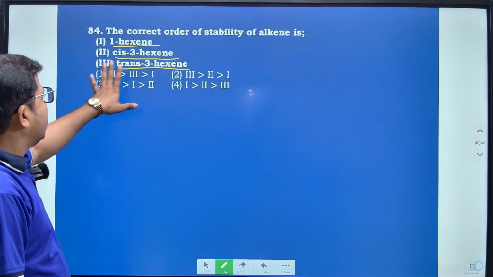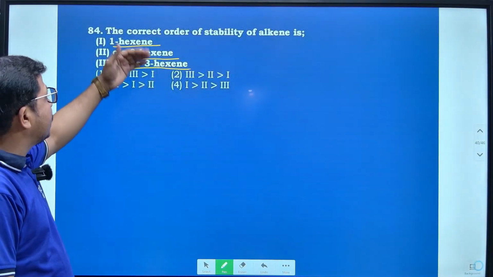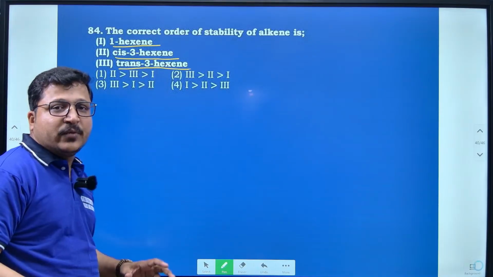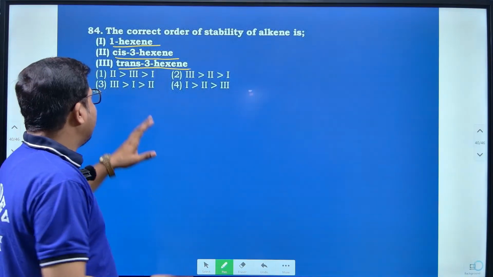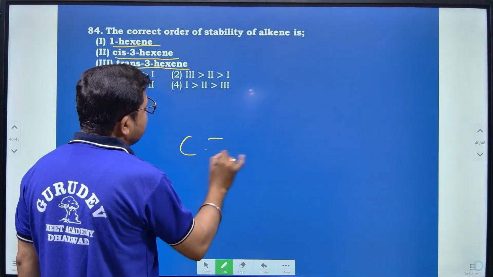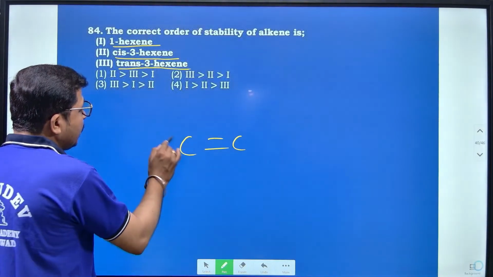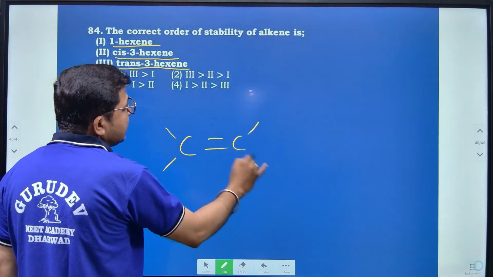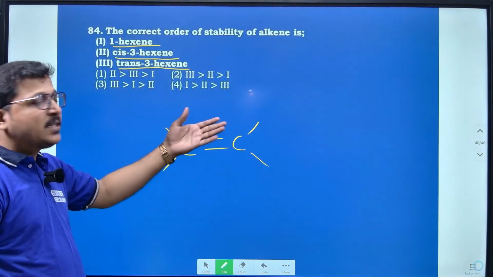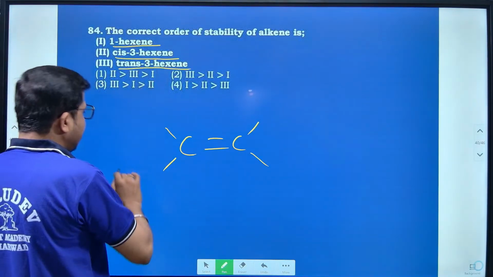Look here, trans 3-hexene is most stable as compared to cis 3-hexene, because in a geometrical isomer, for the molecule to be said to be stable, the groups must be present in opposite directions. So if there is a double bond, the two groups, that is cis 3-hexene.